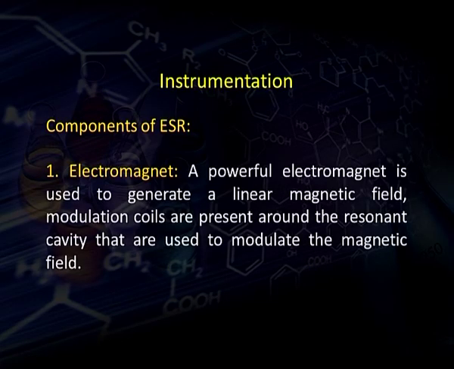There are various components of ESR, so now we will discuss each component one by one. The first component is the electromagnet. A very powerful electromagnet is used to generate a linear magnetic field. Modulation coils are present around the resonant cavity and are used to modulate the magnetic field. The second component is the source of microwave radiation.